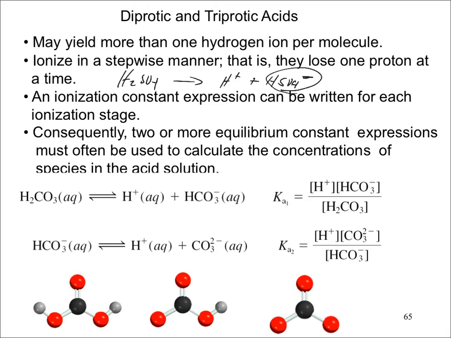The HSO4 minus, when that loses a proton, is a weak acid. So we actually have an ionization constant expression for each different ionization stage, which means that we have to use all of those equilibrium calculations in order to determine what concentration of H plus we have.